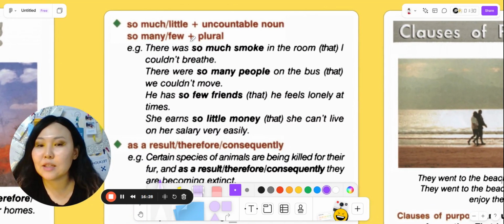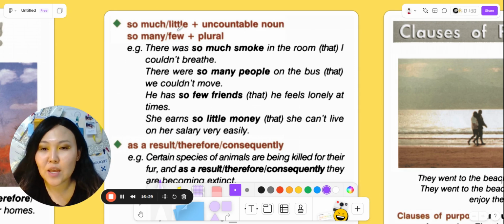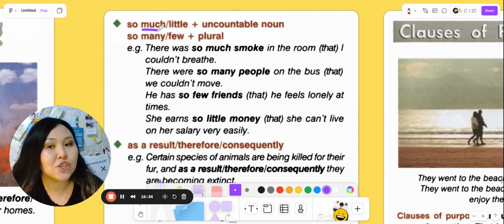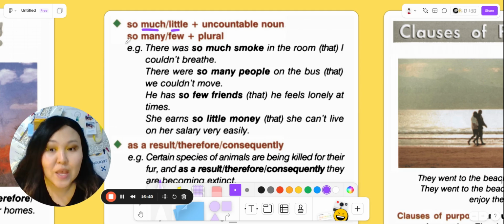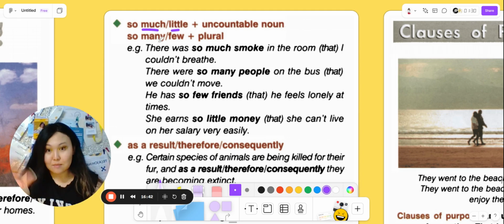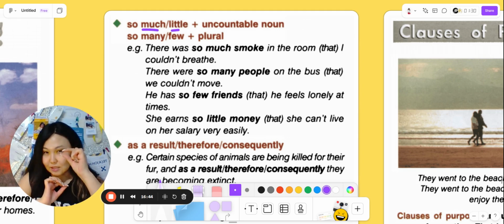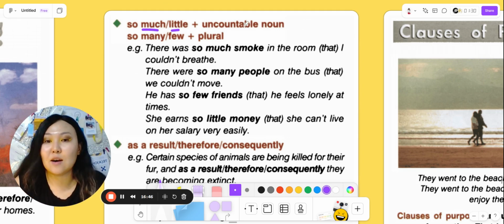Okay, and we are going to some more. So much, little plus uncountable noun. So many, few plus plural. So much is uncountable, and little is uncountable too. Many is for countable, and few is for countable nouns too. Examples.